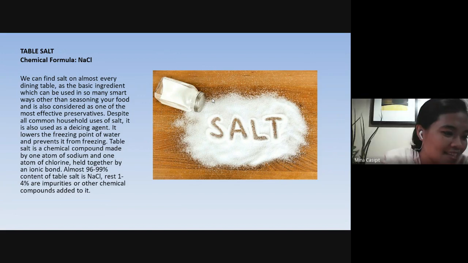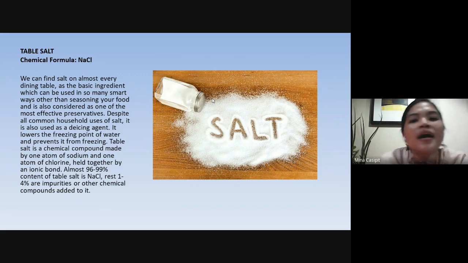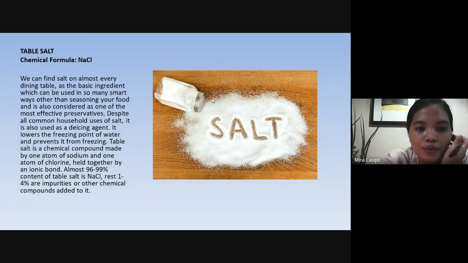Na is a metal plus Cl is a non-metal. So, this table salt is considered as ionic compound. Nakalagay dito yung kahalagahan niya sa pang-araw-araw. Ginagamit ito as ingredient in preparation of our food and also for preserving food.